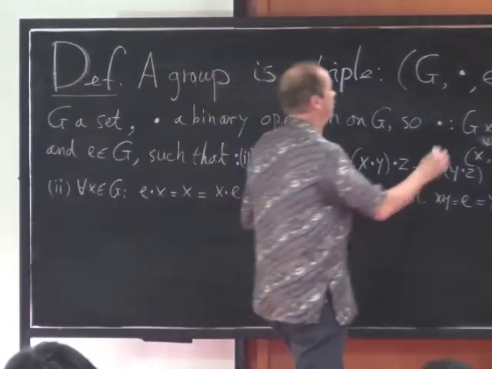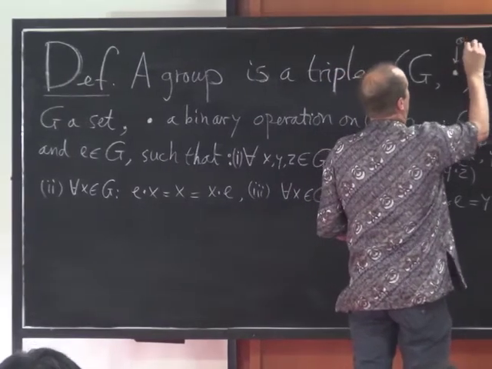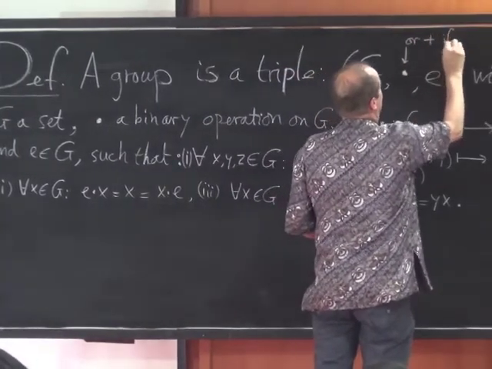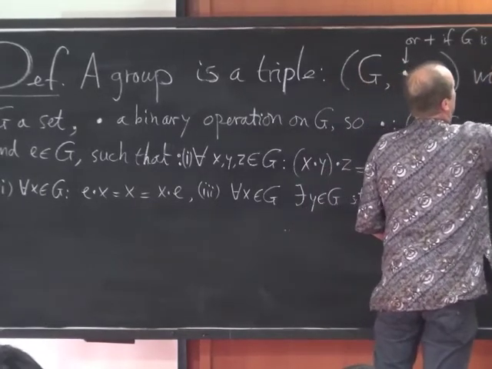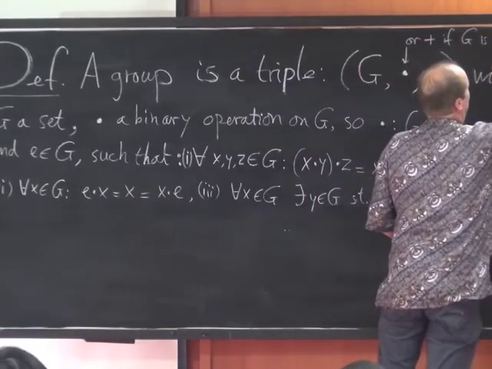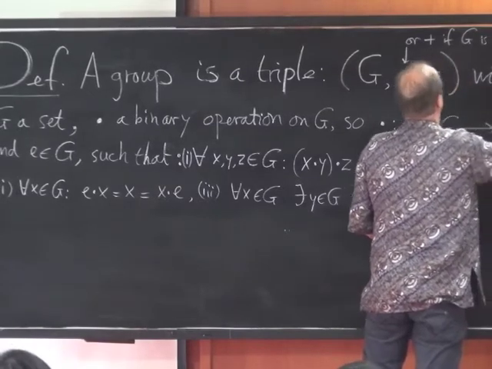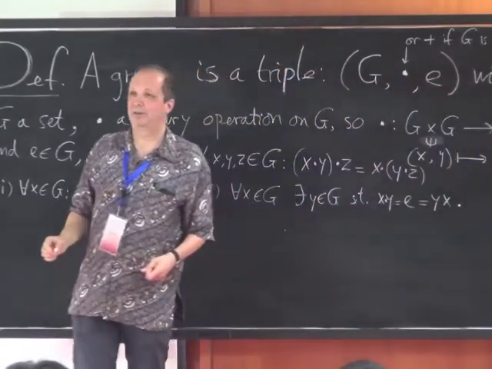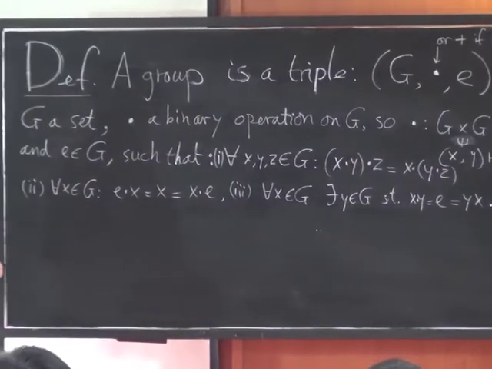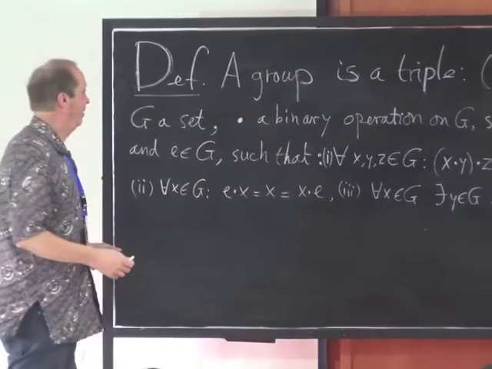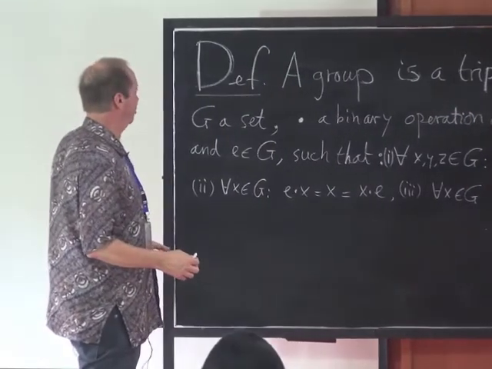So here, this dot, or plus, if G is commutative. That can also happen, and that is only to confuse you. Okay, so these are groups.